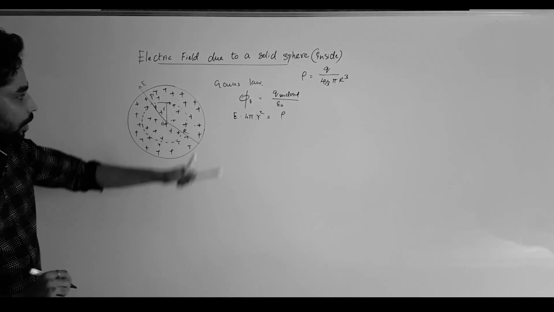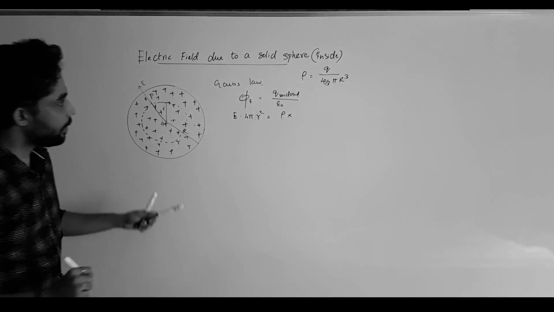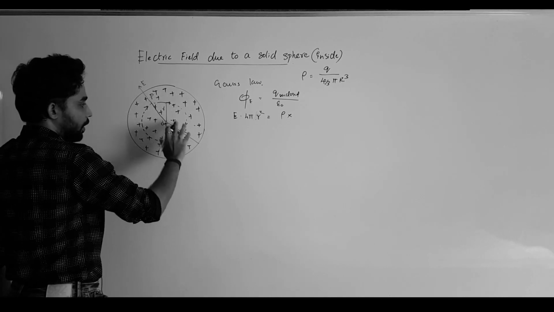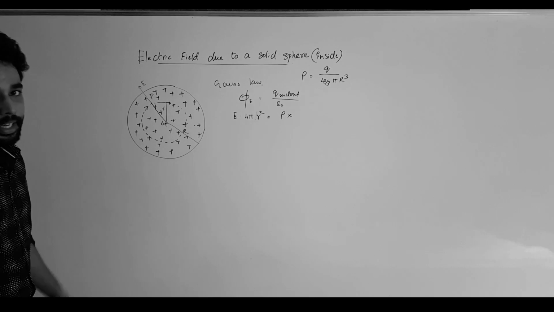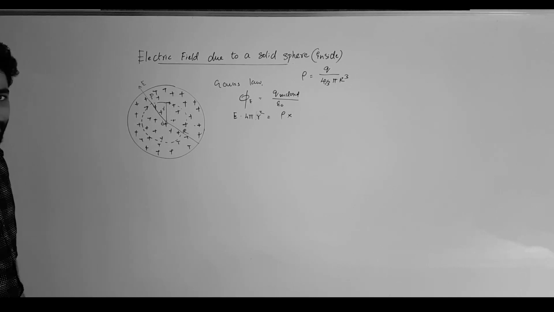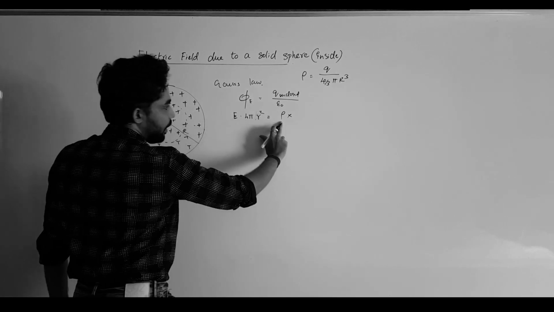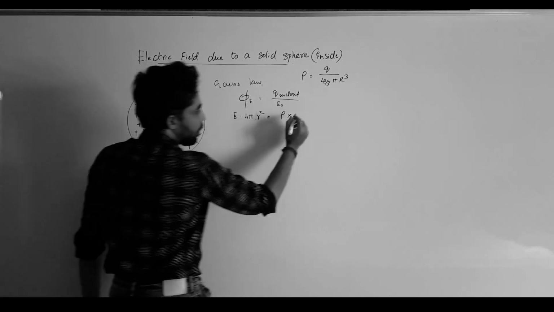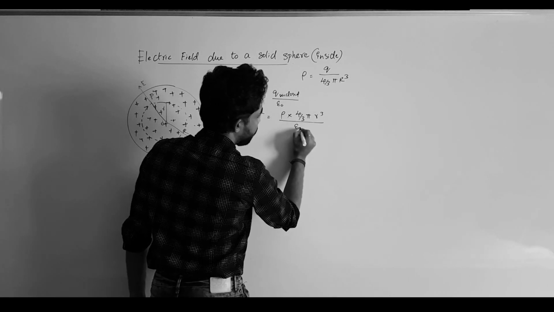So here, rho into... in this case the charge enclosed for this Gaussian surface should be whatever charges are present inside the Gaussian surface. So the charge present inside should be the charge density times the volume of that sphere, which is 4 by 3 pi r cube, divided by epsilon naught.